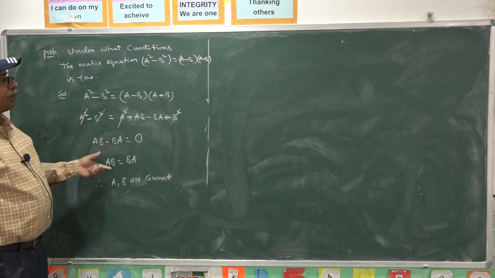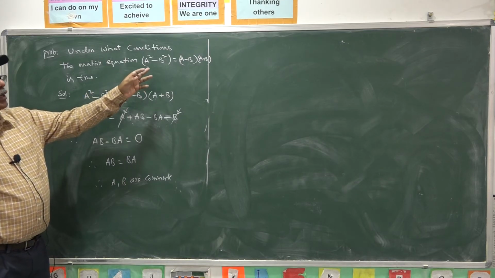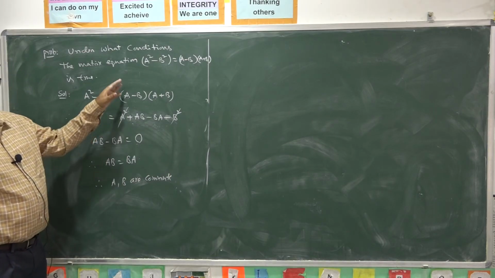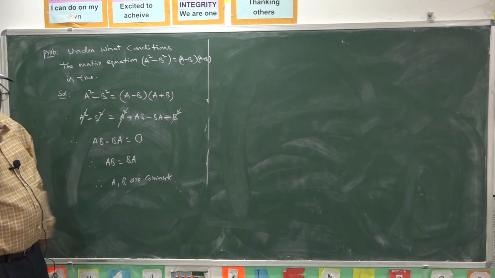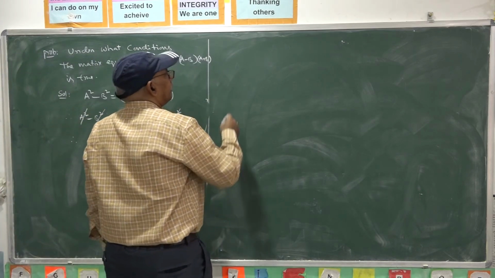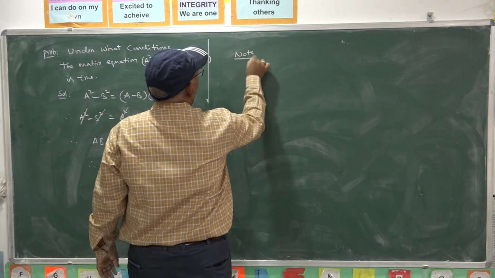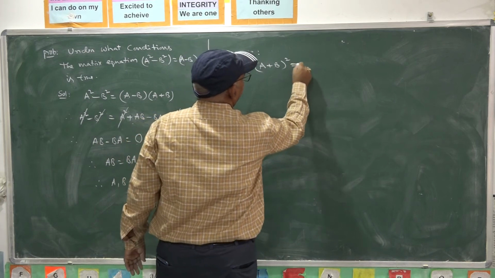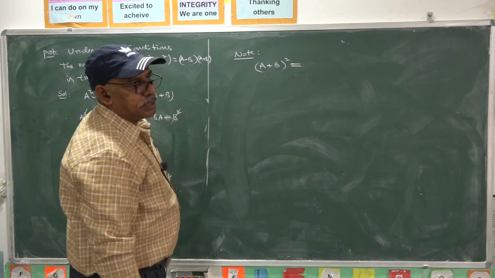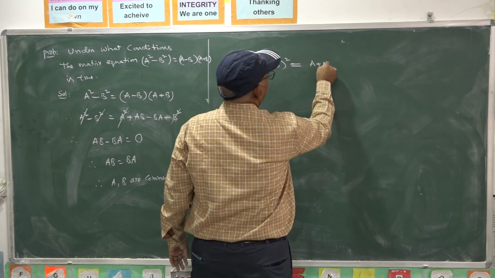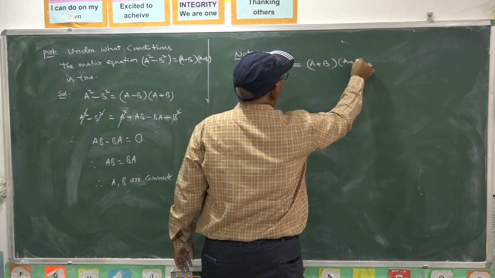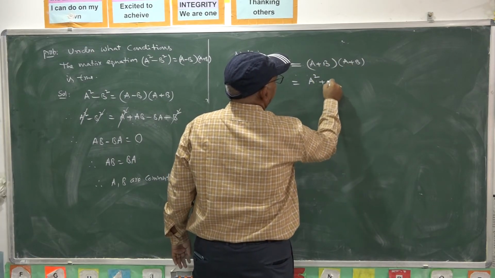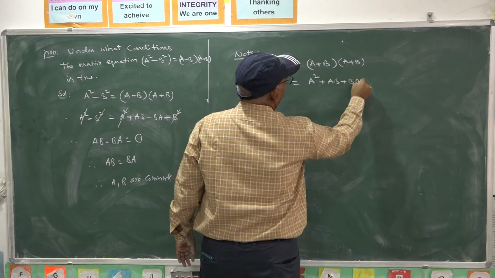So, this is the condition for A square minus B square to be written as A minus B into A plus B. Once A, B commute, only then you can write A square minus B square equal to A minus B into A plus B. Similarly, suppose you consider A plus B whole square. This is A plus B into A plus B. Now, A square plus AB plus BA plus B square.